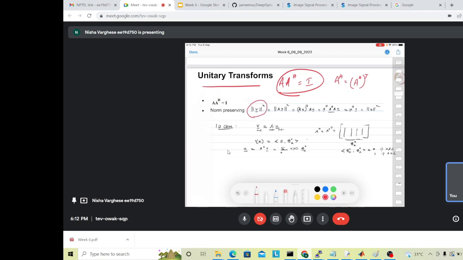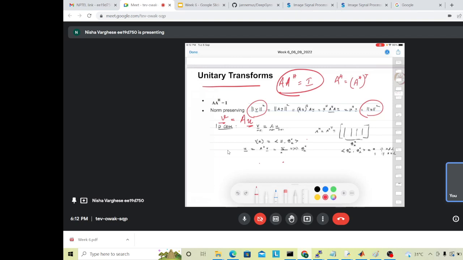If a transformation V is equal to A applied to U, where V is in the frequency domain and U is in the spatial domain, and A is a unitary transform, then V squared is equal to U squared. That means the norm of the input and the norm of the output will be the same. Okay.